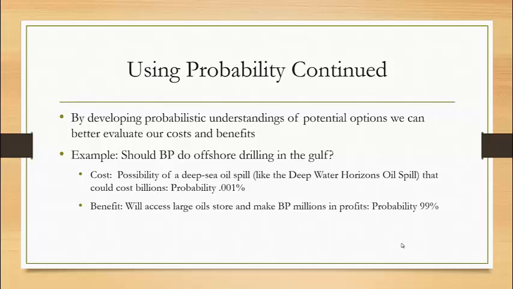In contrast, the benefit of doing that drilling is that they can access large oil stores and make BP millions of dollars in profits. And the probability of that happening is 99%. So then BP can look at it and they can say, well, the benefits are large and virtually guaranteed, and the costs are large but virtually guaranteed to not happen.